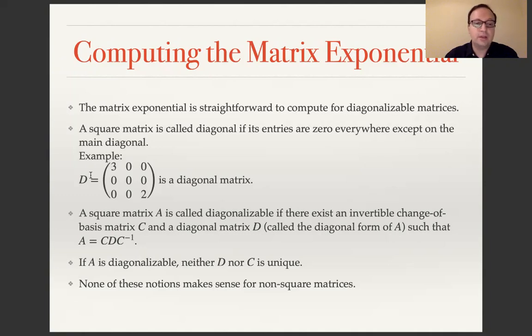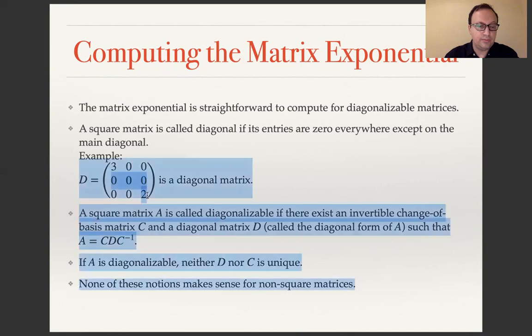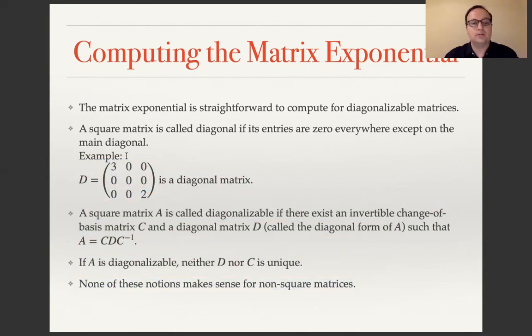So for example, this matrix D with entries 3, 0, 0, 0, 0, 0, 0, 0, 2 is a diagonal matrix because all the entries outside the main diagonal are 0, and on the main diagonal it has the entries 3, 0, and 2. The main diagonal is the one that starts from the upper left corner and ends in the lower right corner. So this is a diagonal matrix.